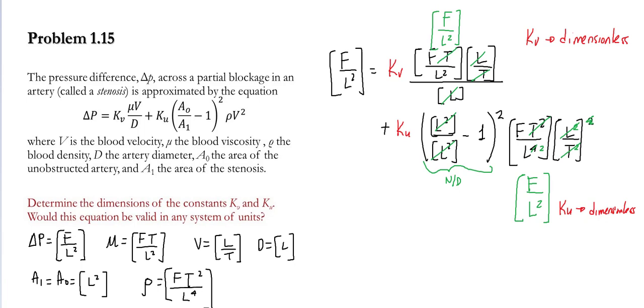So we write it once again in terms of dimensions. The left side is going to be force divided by L squared. We got Kv, and the component multiplied by Kv is all force per length squared. And then we add this up once again with Ku.